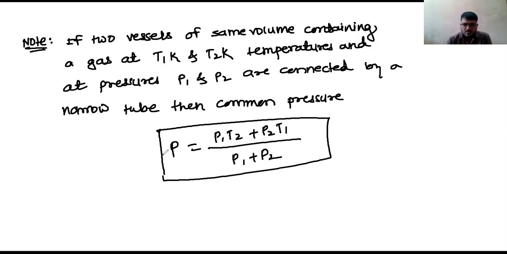Okay. Sorry. This is T1 plus T2. One minute. Here it is T1 plus T2. Okay. So the common pressure formula is P1 T2 plus P2 T1 divided by T1 plus T2, when two vessels of same volume containing a gas at T1 and T2 Kelvin temperatures and P1 and P2 pressures. That is your common pressure. Okay.